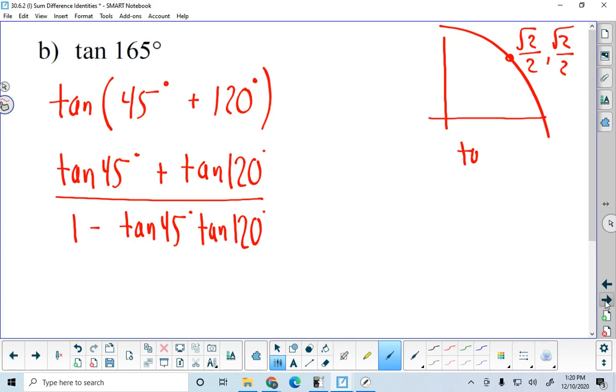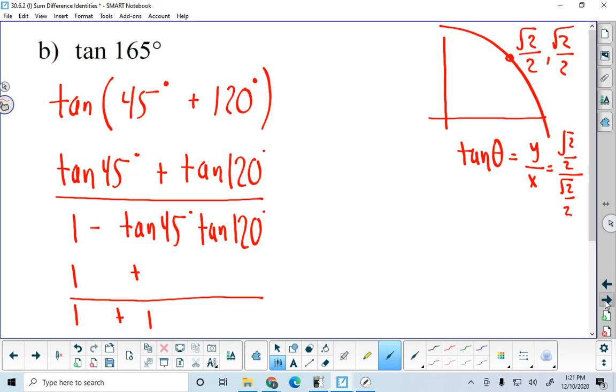Well, that means that tangent of the angle at 45 degrees is y over x, which will be root 2 over 2 over root 2 over 2. Well, it's 1. The tangent of 45 degrees is 1. So we can put 1 every place we see tan of 45 degrees.